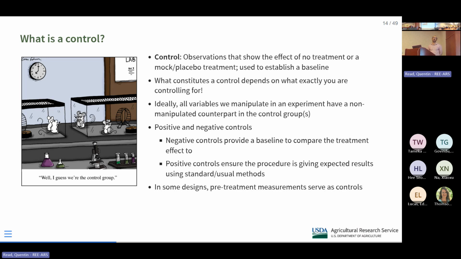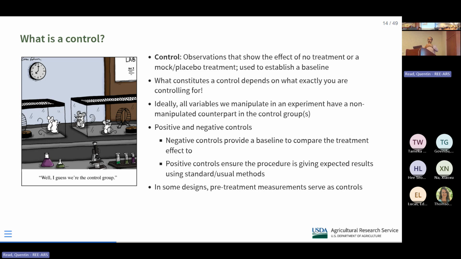And sometimes it's not possible or it's not ethical to have an unmanipulated control. For example, if you have human subjects and some of them have a bad disease, it would be unethical to not treat the disease at all. So we have to work around that. In some cases, the second best thing is to get baseline measurements on the subjects before you do the treatment.